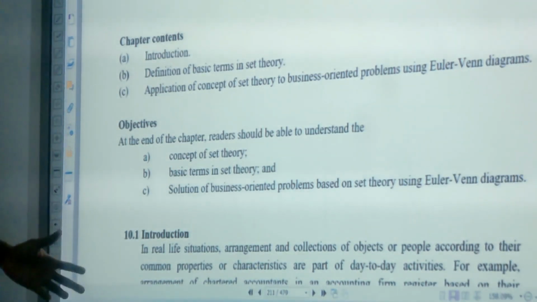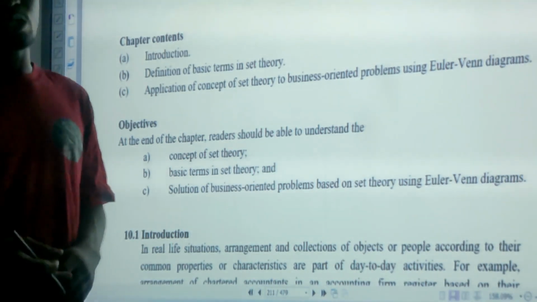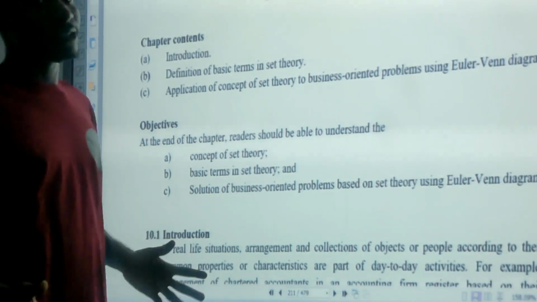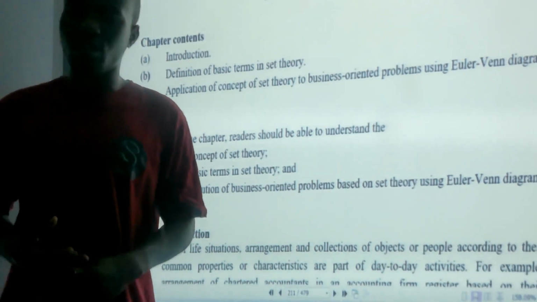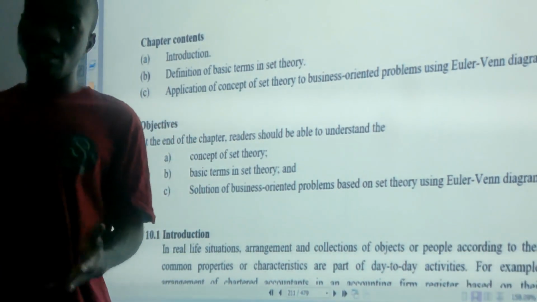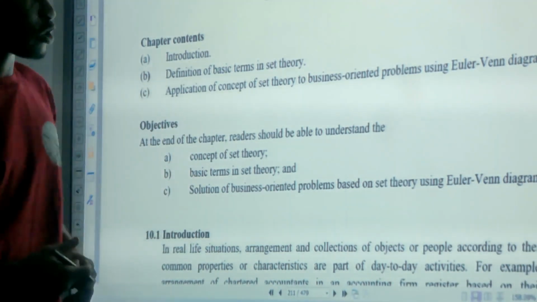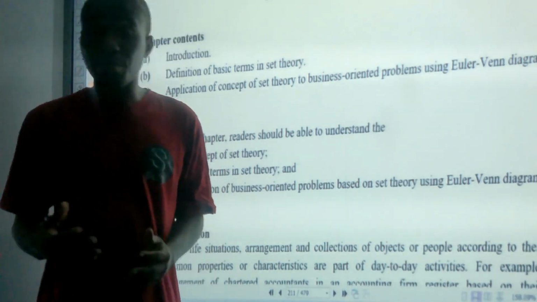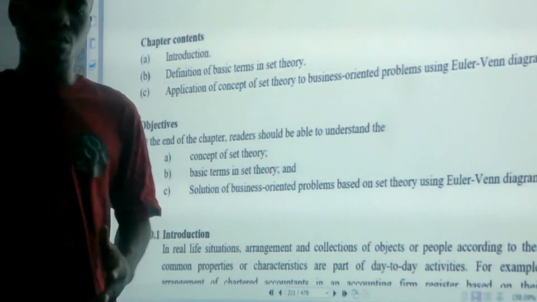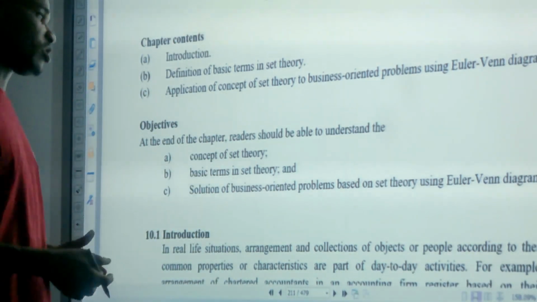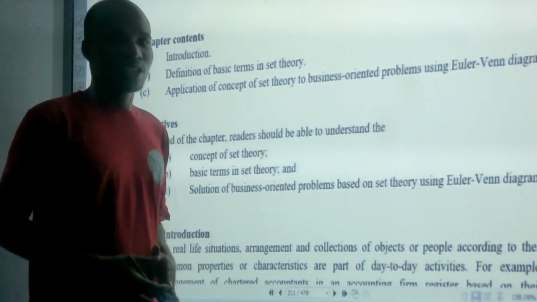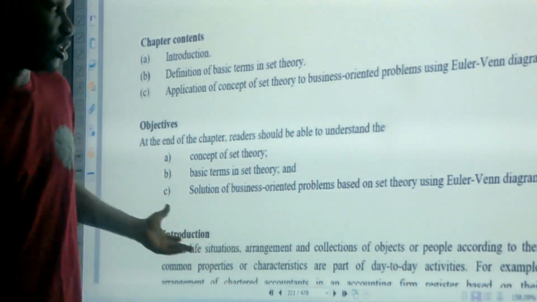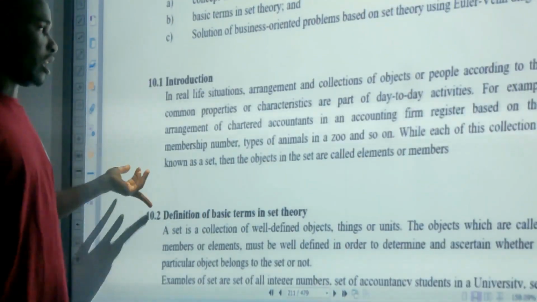We will look at what defines sets and the different types of sets, and from there we'll talk about the Venn diagram and how we can apply it to business scenarios. This will not take us much time because, as far as sets are concerned, it's a very easy and straightforward concept.